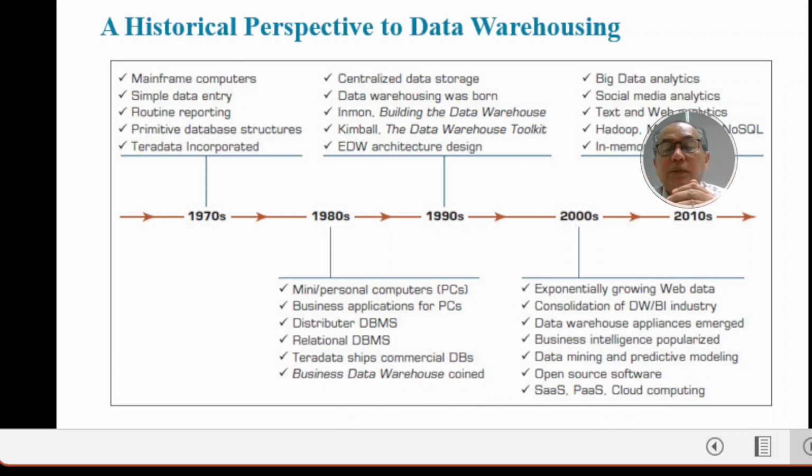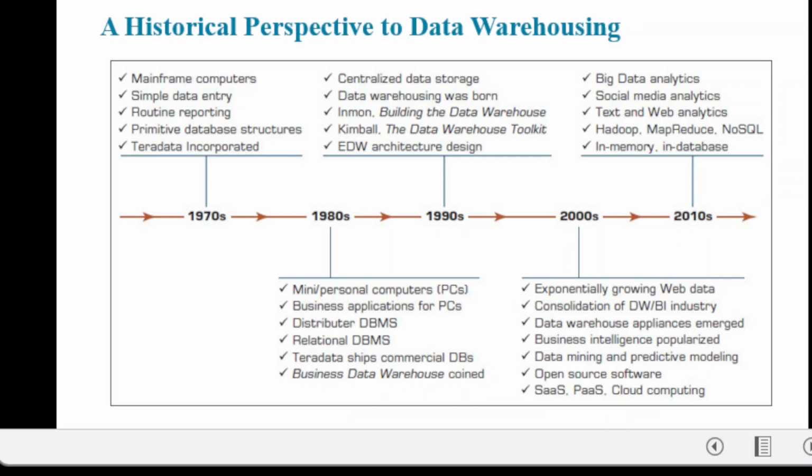In 2000, we have exponential growth of web data. With the advent of the internet, we have exponential growth of web data, and then consolidation of data warehousing with the business intelligence industry. And then data warehouse appliances have emerged, so we have more applications that can use a data warehouse.